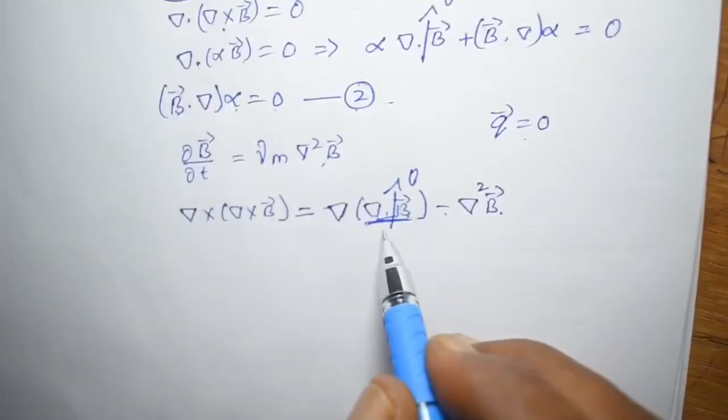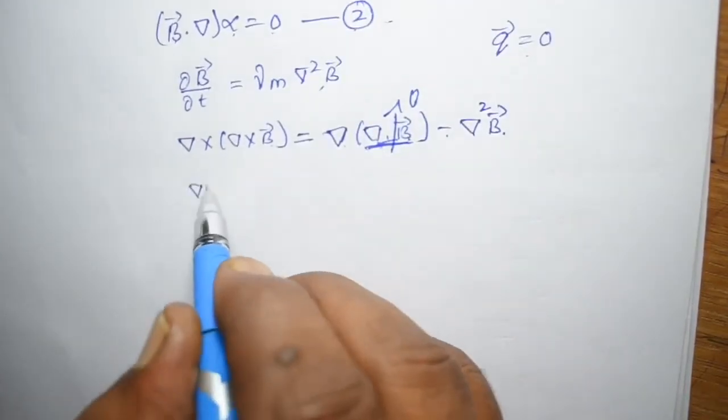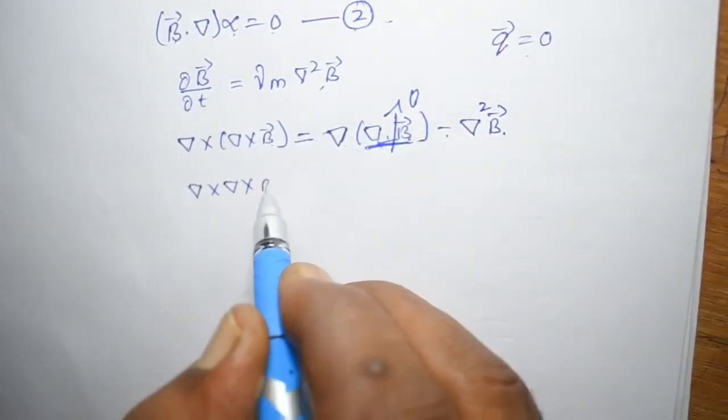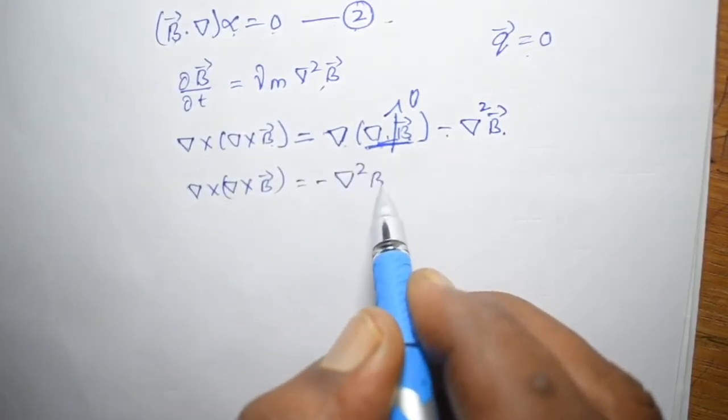Therefore the remaining is curl of curl of B is equal to minus Laplacian of B.